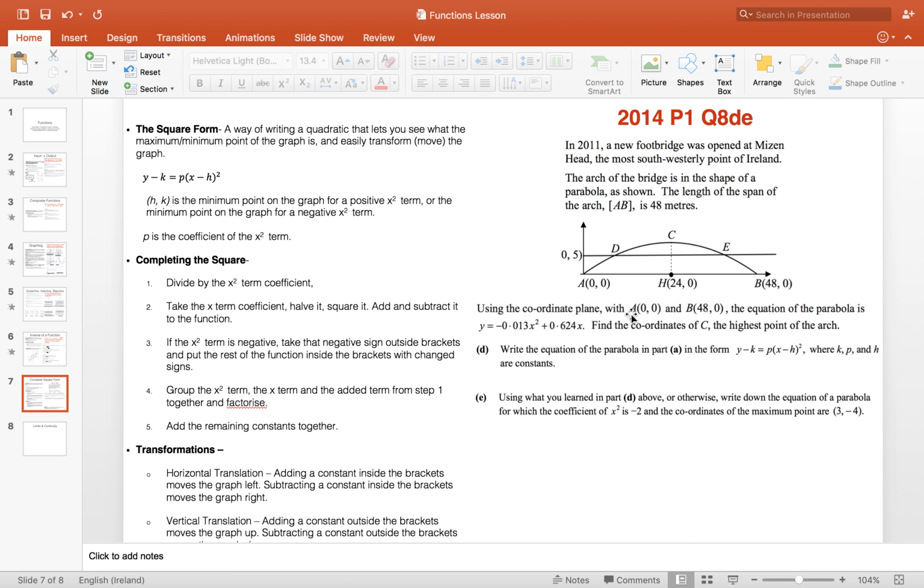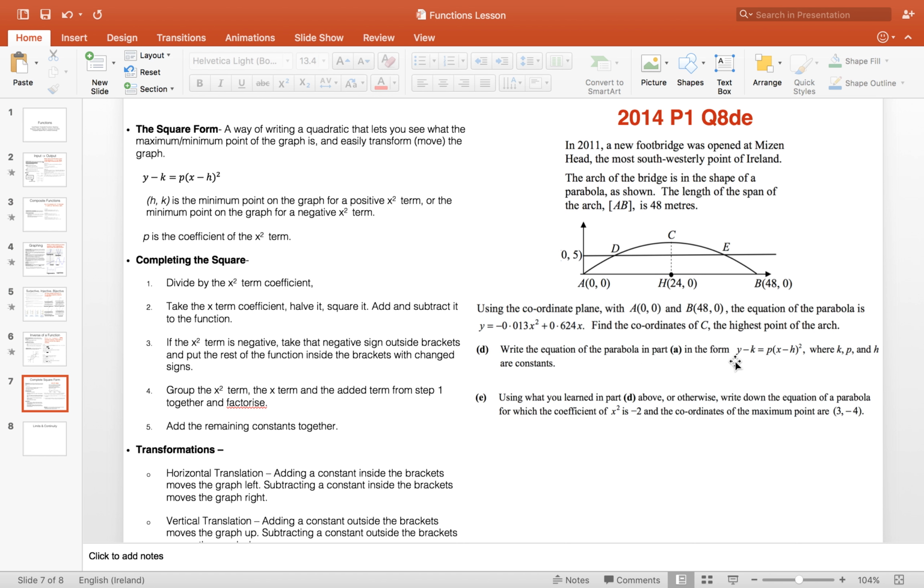Now they've told us that the equation of this parabola is y equals negative 0.013x squared plus 0.624x. And we want to find this equation in square form. We're going to use that to find the highest point, okay?